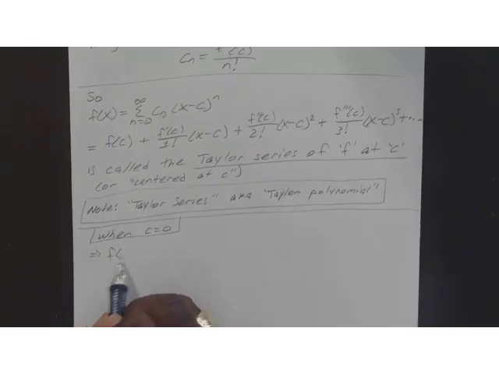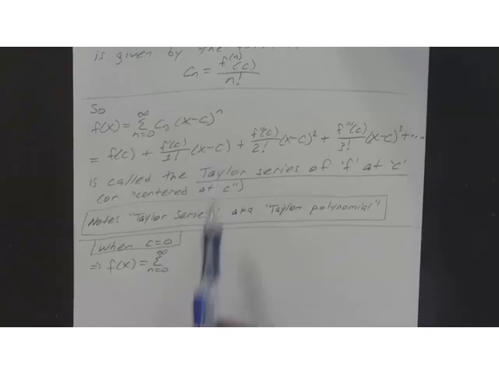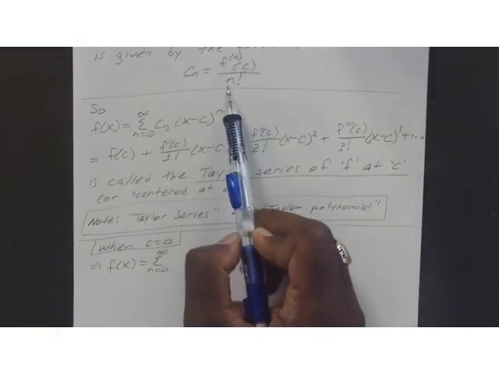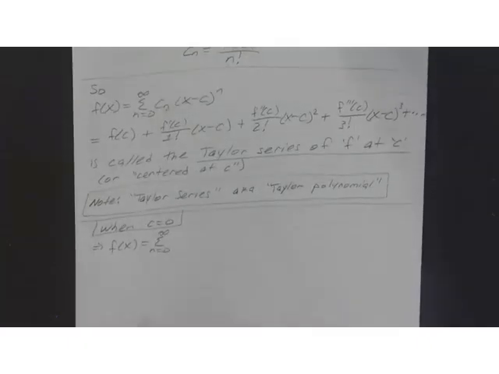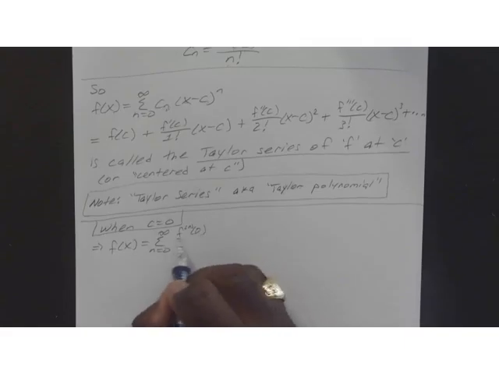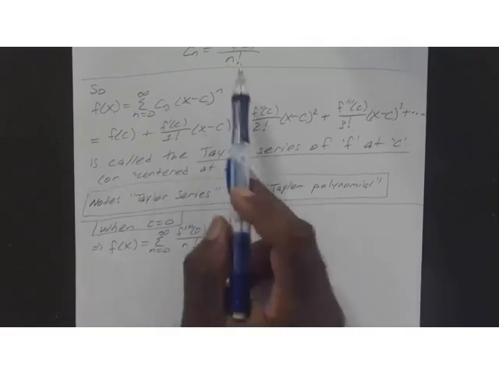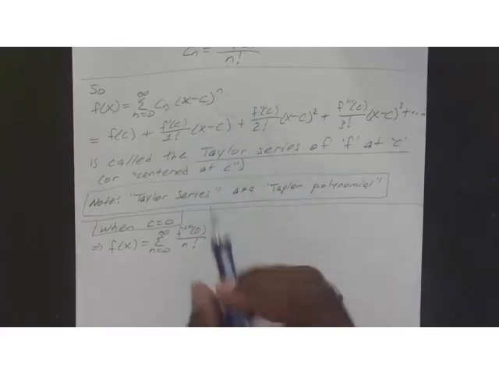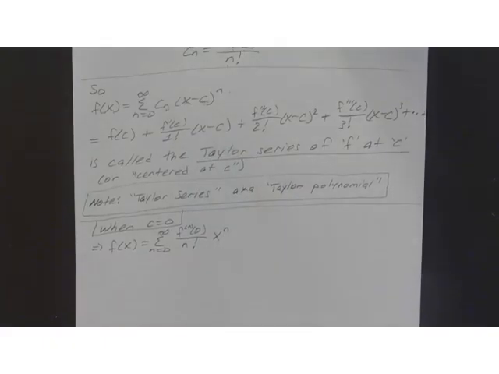Then we know that our f of x, which is equal to the sum from n equals 0 to infinity, and if c is equal to 0, then that's just the nth derivative at 0 divided by n factorial. And instead of x minus c to the power of n, it would just be x minus 0, or just x to the power of n.